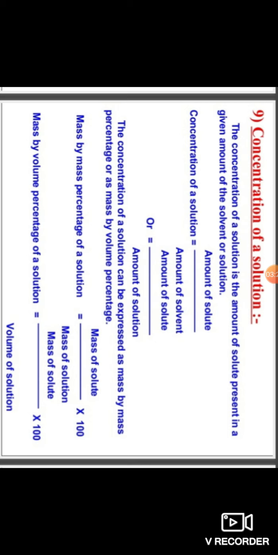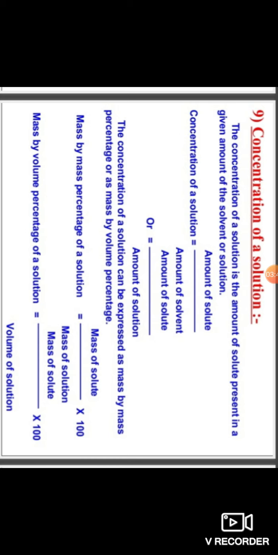The concentration of a solution can be expressed as mass by mass percentage or mass by volume percentage.